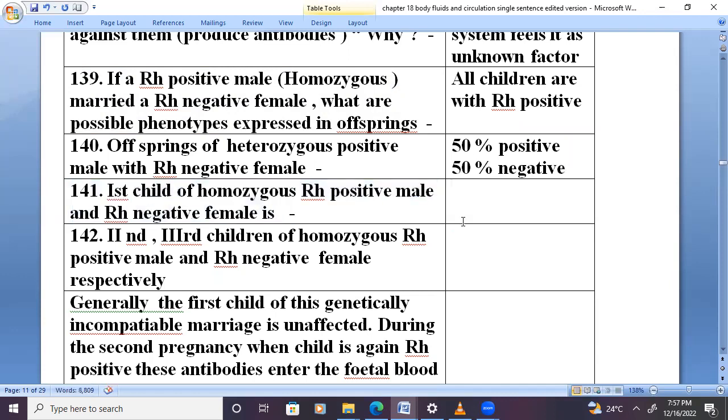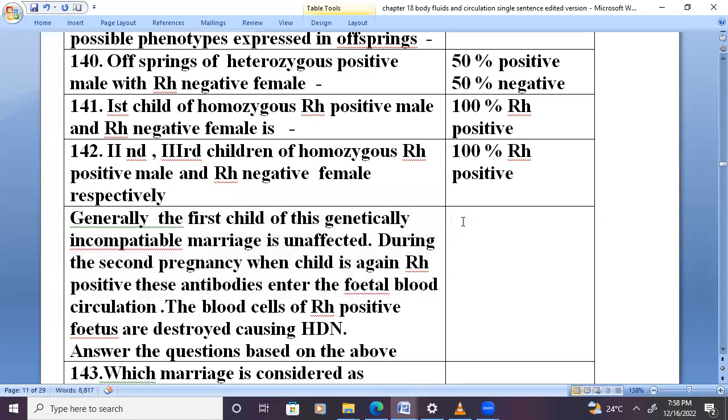If the child is from a homozygous Rh positive male and Rh negative female, it is 100% Rh positive. The second and third children, respectively, are again 100% Rh positive.